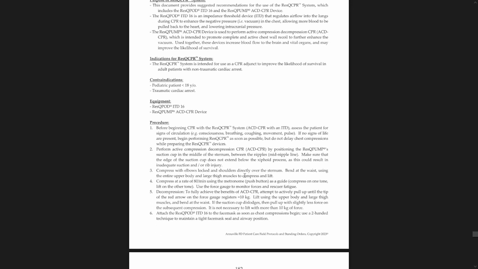The ResQ pump, an ACD-CPR device, is used to perform the active chest compressions and decompressions through CPR, which is intended to promote complete and active chest wall recoil to further enhance the vacuum. Used together, these devices increase blood flow to the brain and vital organs and may improve the likelihood of survival.